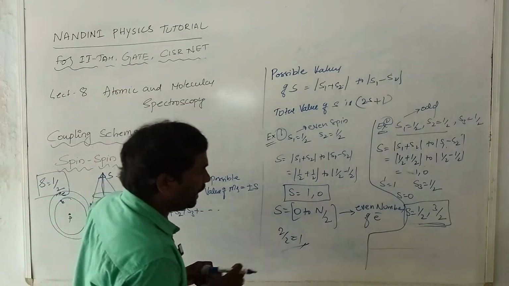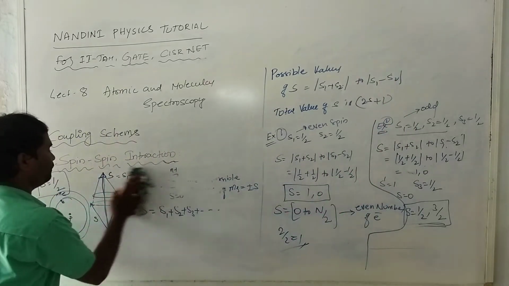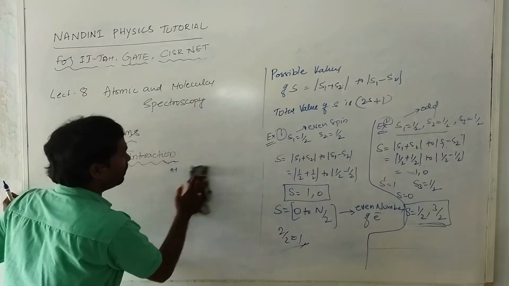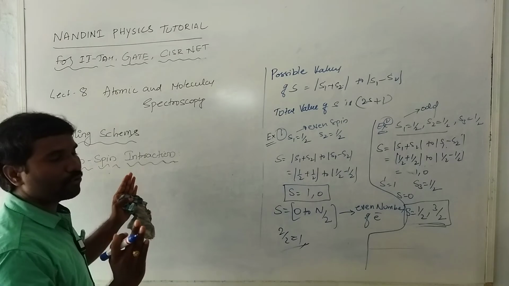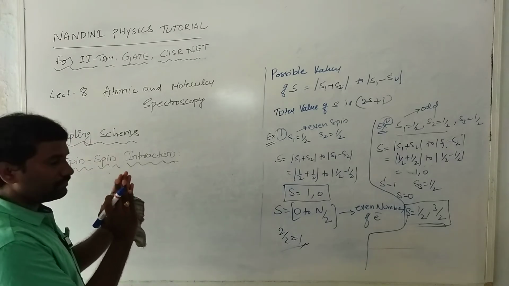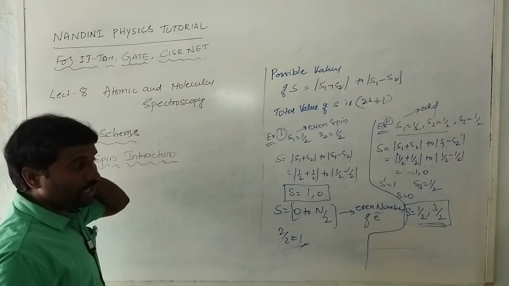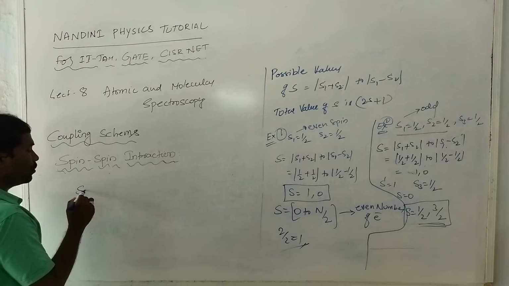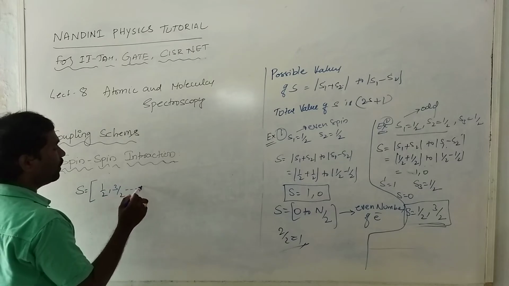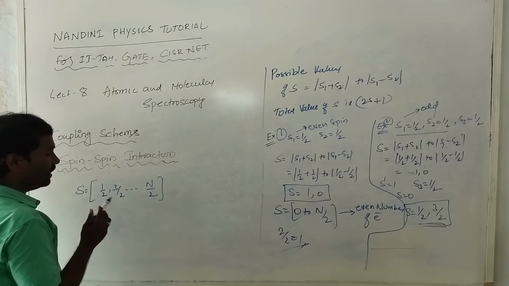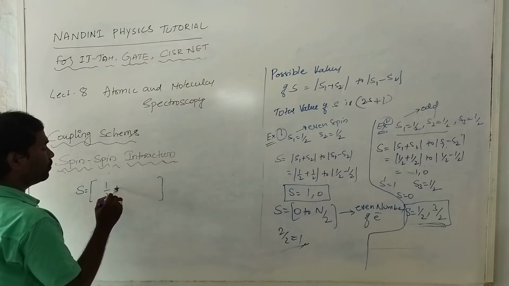So in the odd section, if an odd number of electrons is present inside the atom and these electrons are spinning about their own axis, then the formula for the total angular momentum is S equal to half, 3 by 2, and so on up to n by 2.